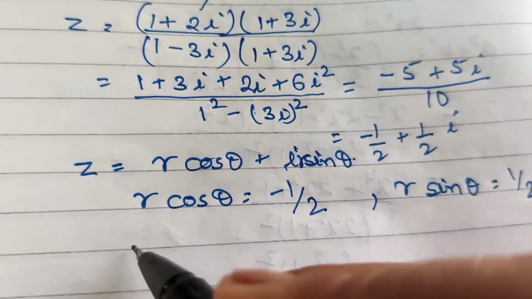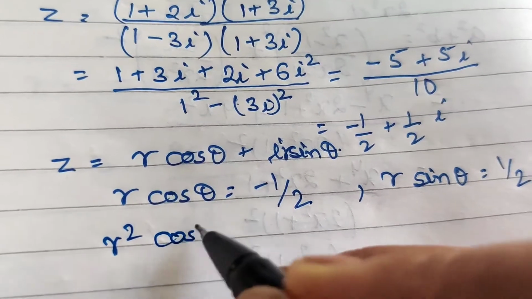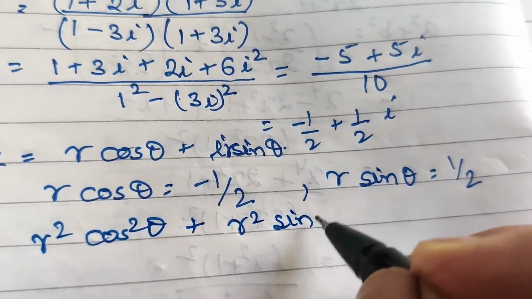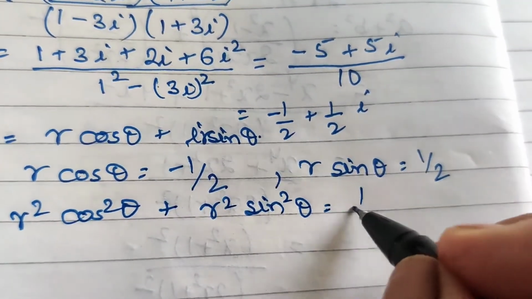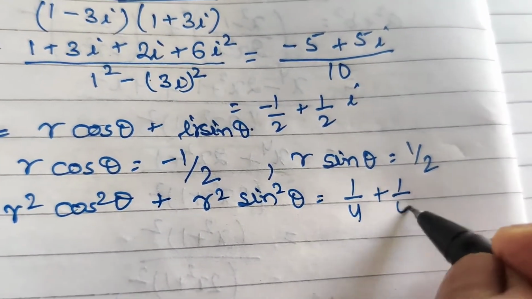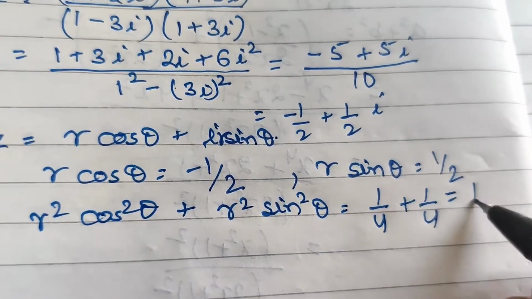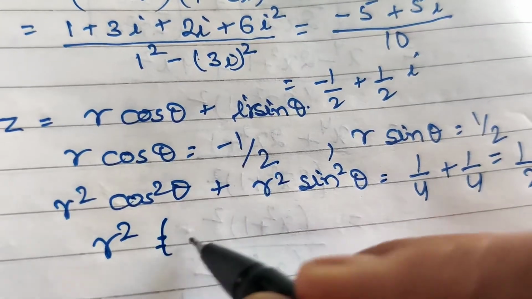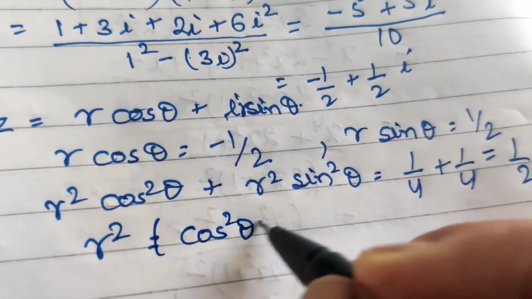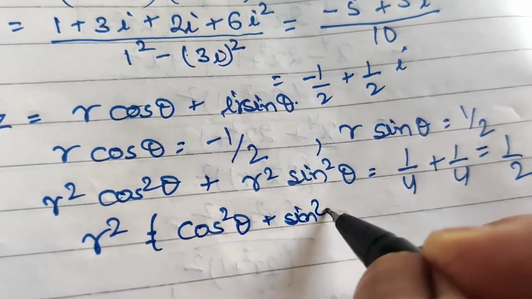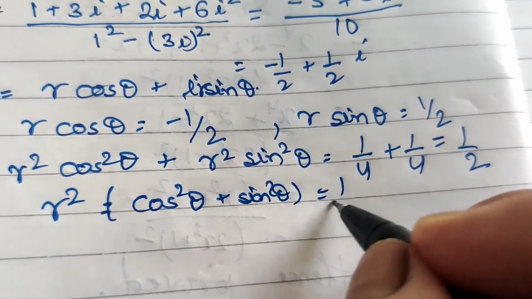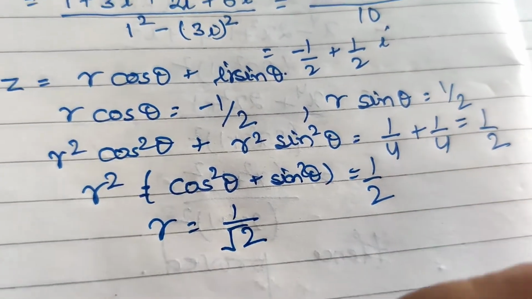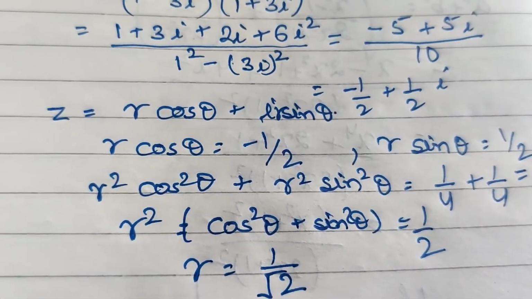Now squaring and adding: r square cos square theta plus r square sin square theta equal to 1 by 4 plus 1 by 4, the sum of the squares of these two numbers, equal to 1 by 2. Then r square, taking common, cos square theta plus sin square theta equal to 1, so r square equal to 1 by 2. It means r equal to 1 by root 2.